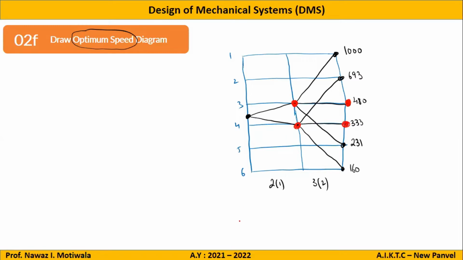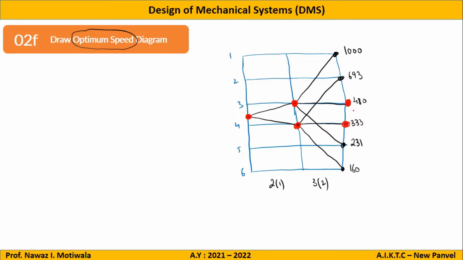On the middle shaft, 333 because it is on the same line. Now this point is at the center of 480 and 333, is it? Yes, sir. So if you don't know the logic, you will say, sir, it is 333 plus 480 divided by 2. Will you take the average?